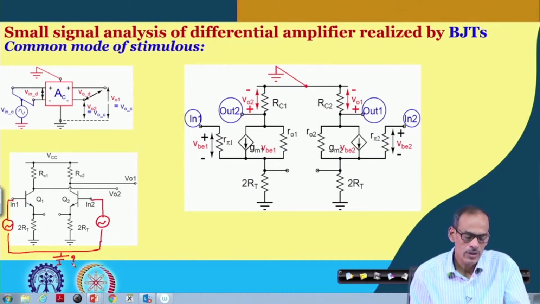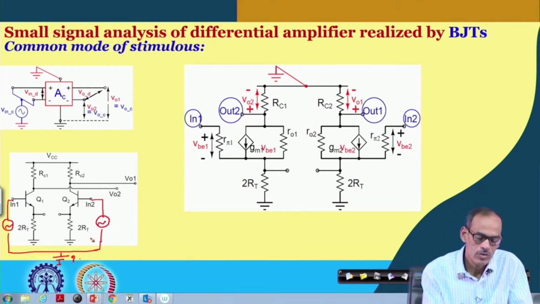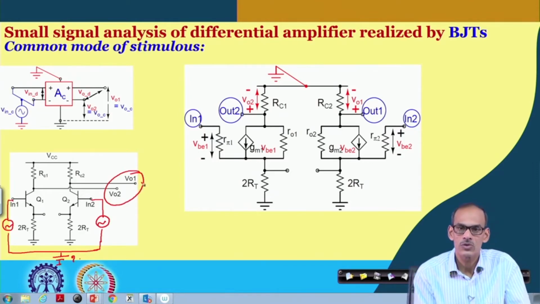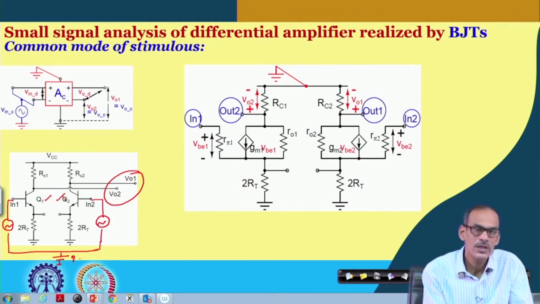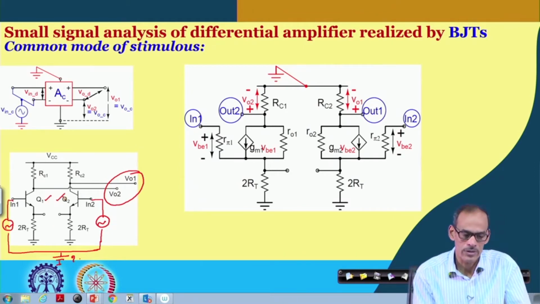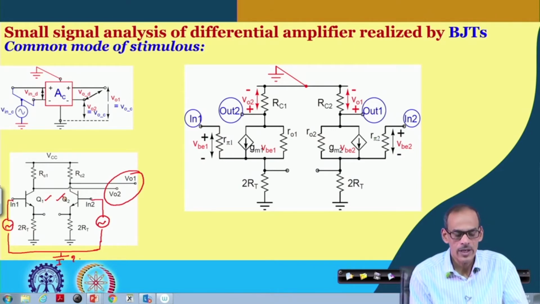Not only this voltage, but we also like to know what may be the DC voltage at the two outputs, and whether the two transistors are really in good condition or not. To understand that, we need to have large signal analysis.